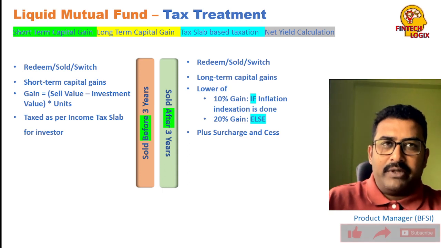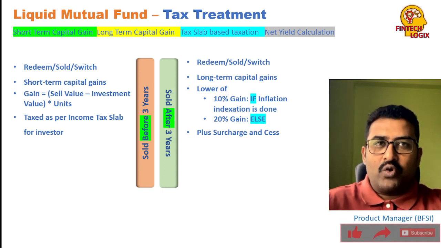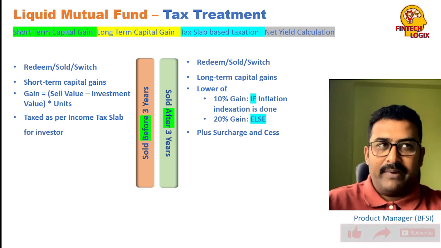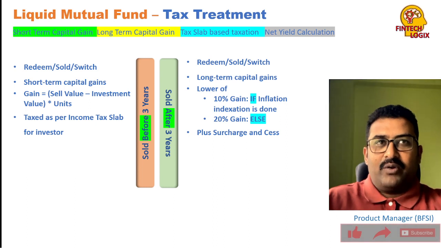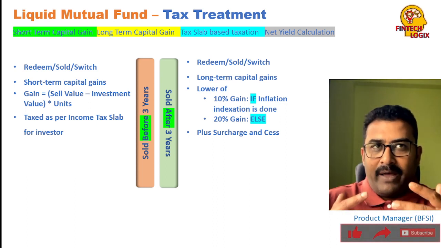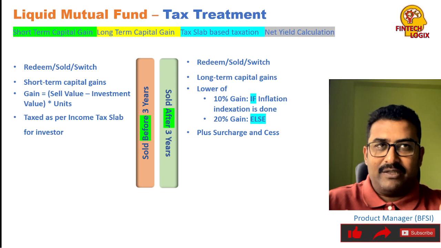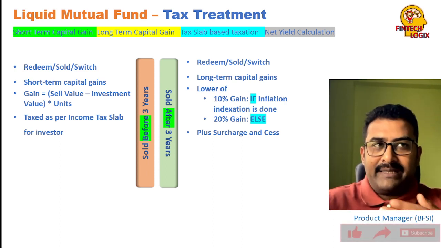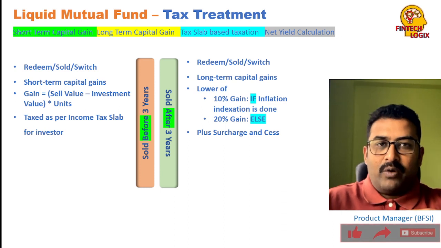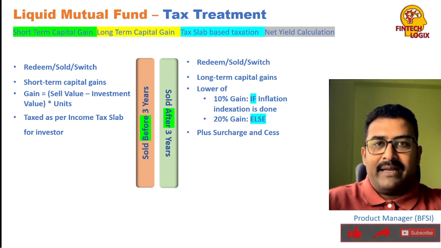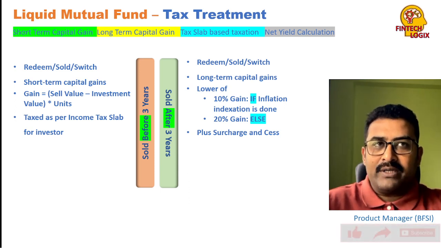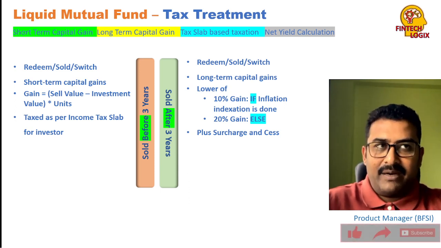Contrary to this, if it is sold after 3 years, then it is treated as long-term capital gain. In that case, there are two bifurcations of this tax treatment. One is if you are doing indexation. Let me make it very simple. Every year inflation increases the price of goods and services by a certain percentage.